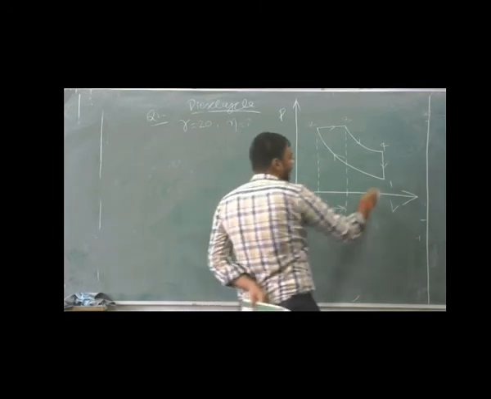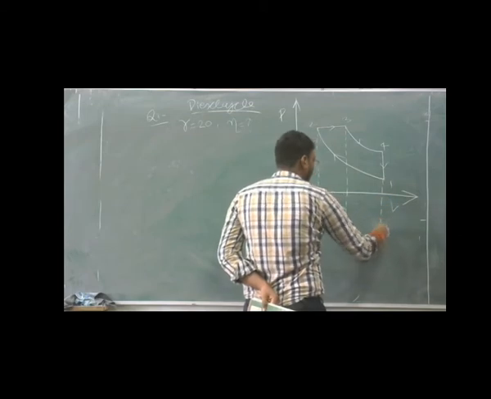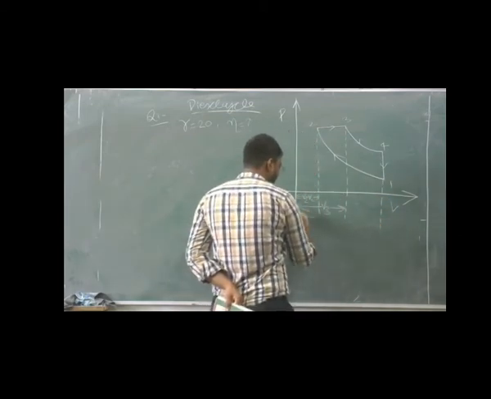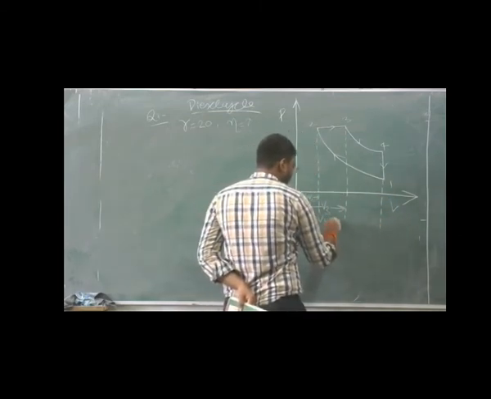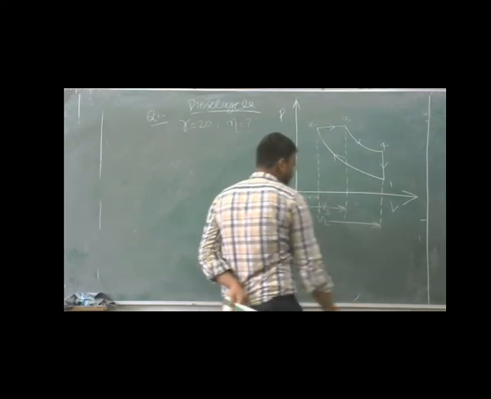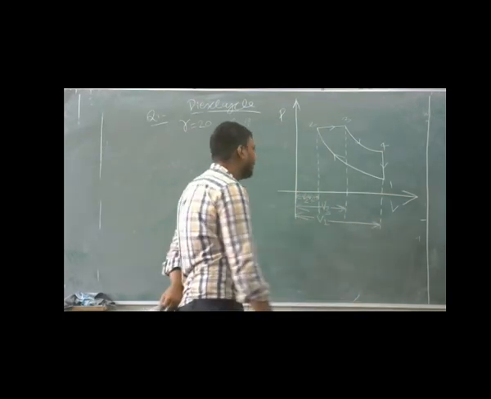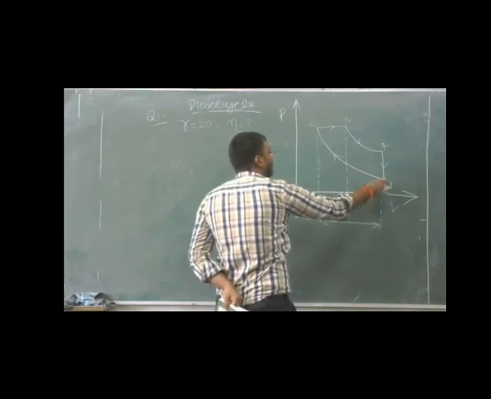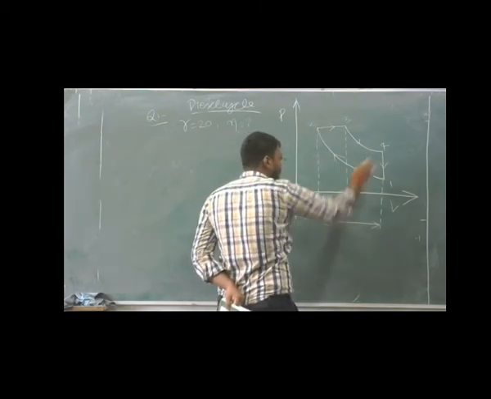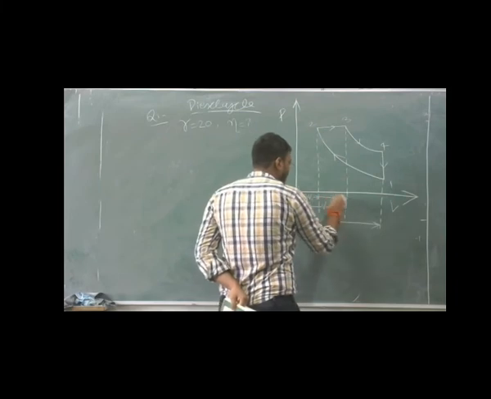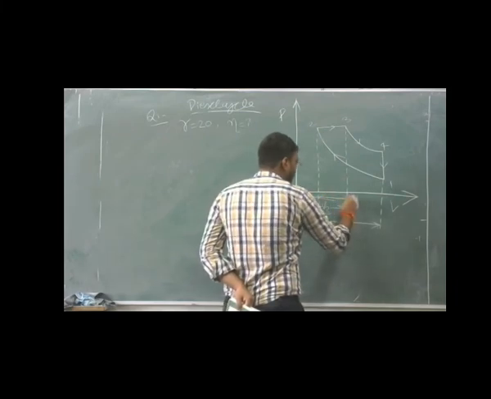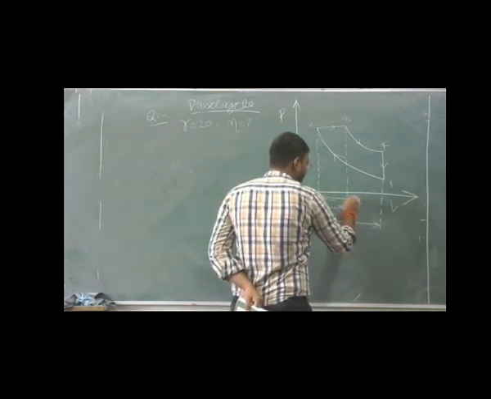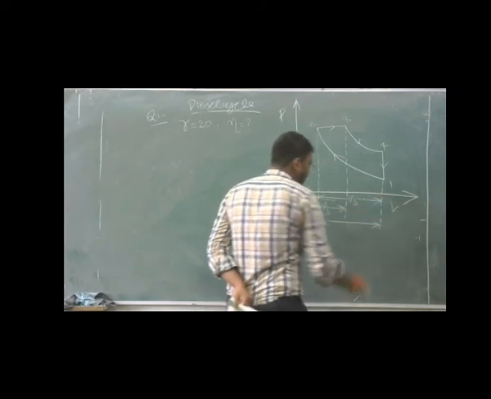And corresponding to point 1, this is volume V1. Between 1 and 2, between these two lines, this is the suction volume, the stroke volume Vs.